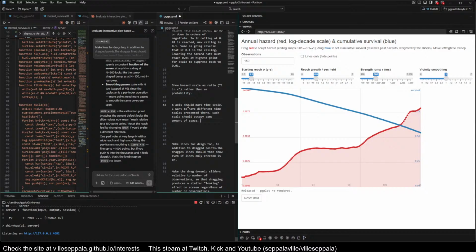And there are also choices here, like whether I want this to be logarithmic or not. I'm still not sure about it.